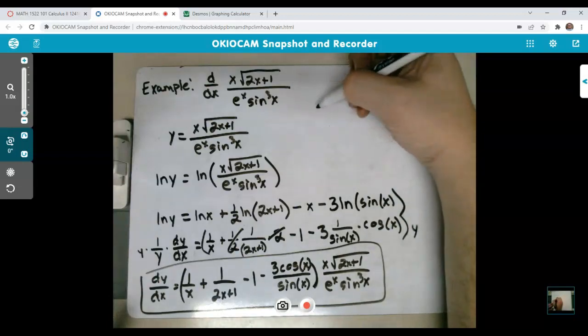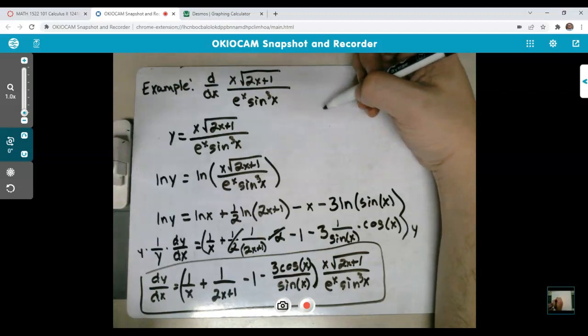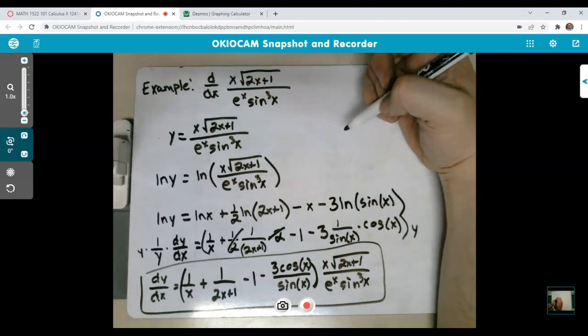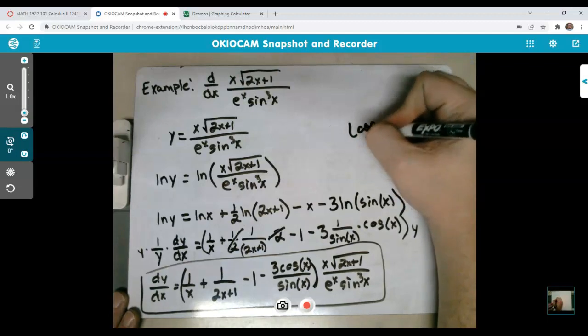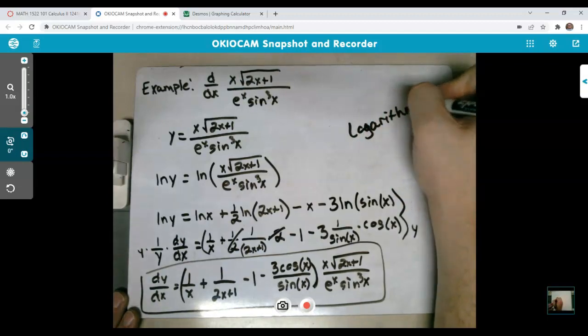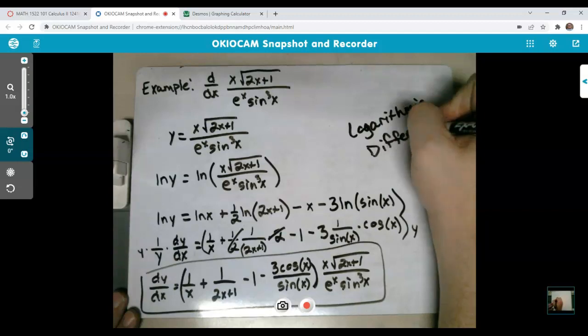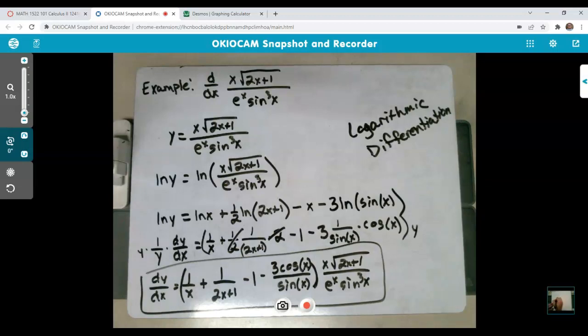This process here is called logarithmic differentiation. And that is when I take the log before I take the derivative. And that's a very neat trick and tool I now have.